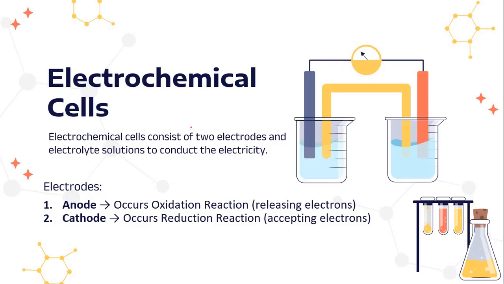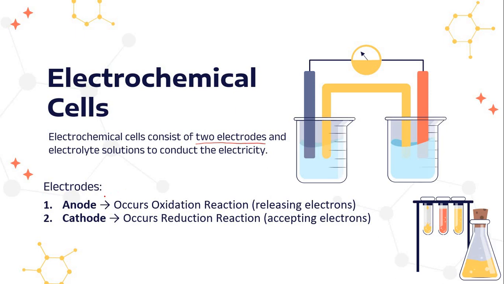What are electrochemical cells? In general, electrochemical cells consist of two electrodes and two electrolyte solutions to conduct electricity.